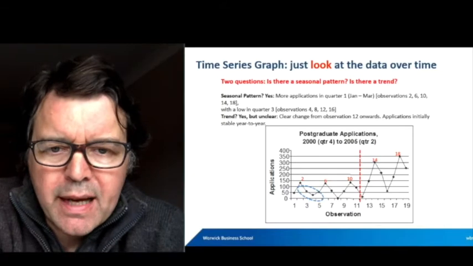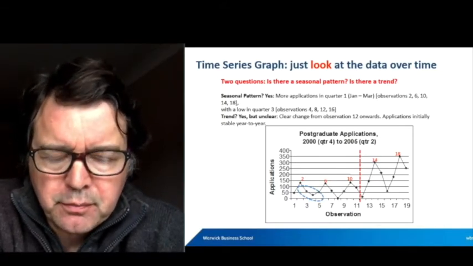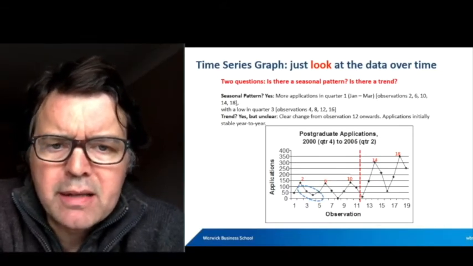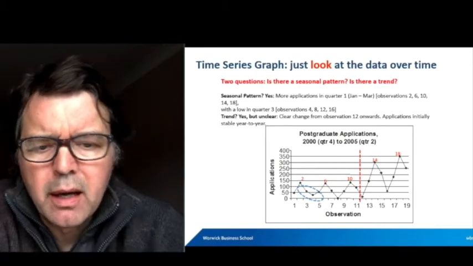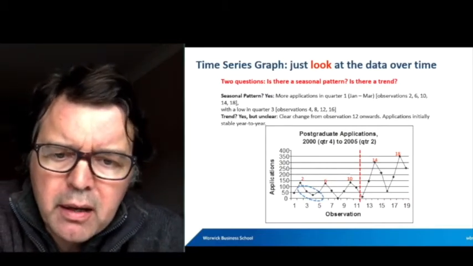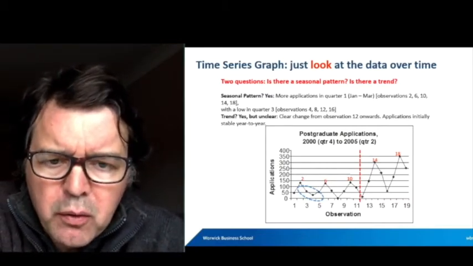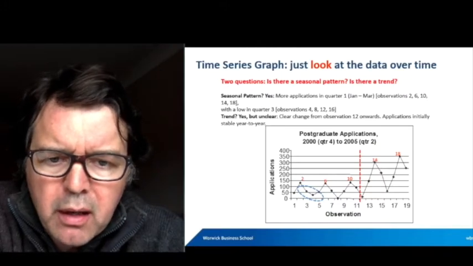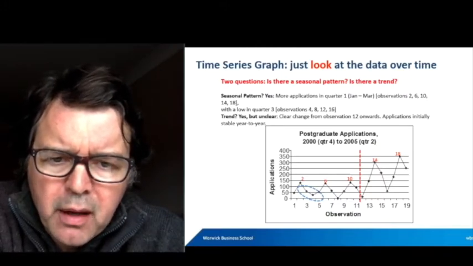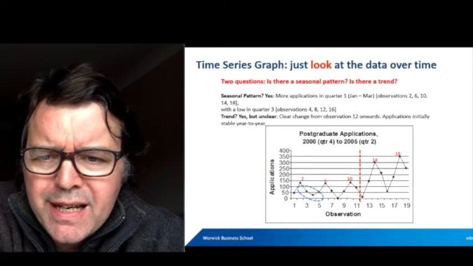So if we look at this data, we ask ourselves, is there a seasonal pattern? If we look at that blue oval, I've put a line around a year's data.